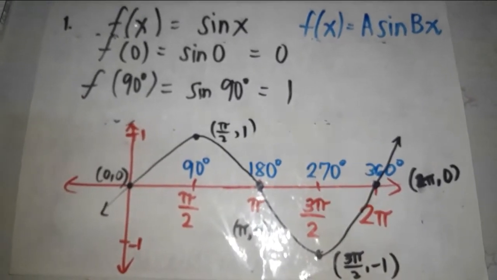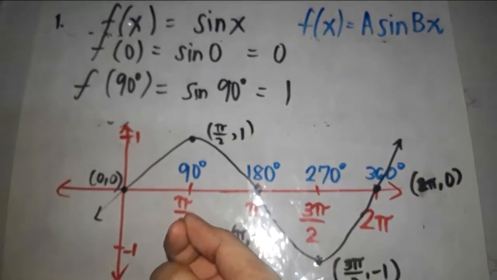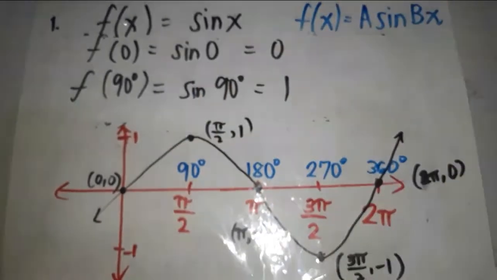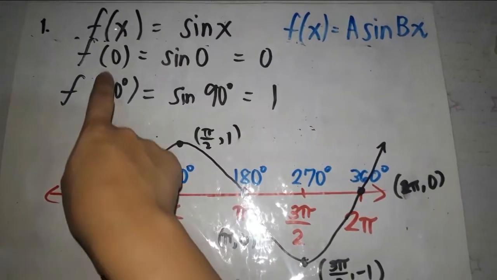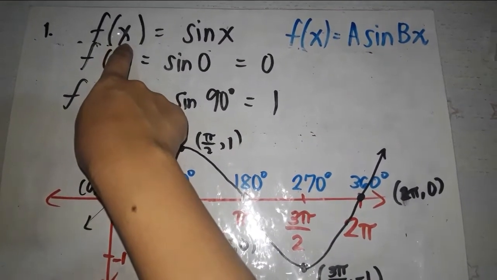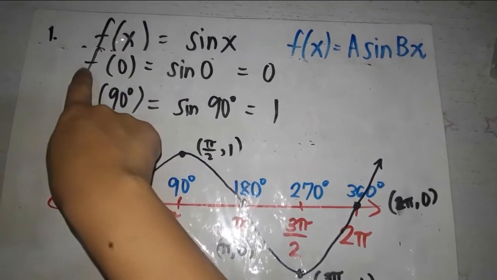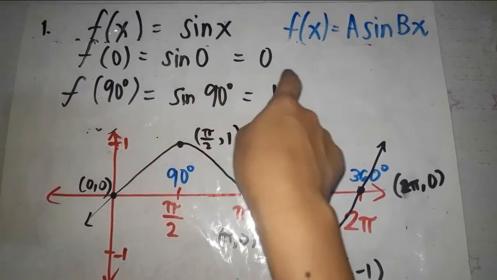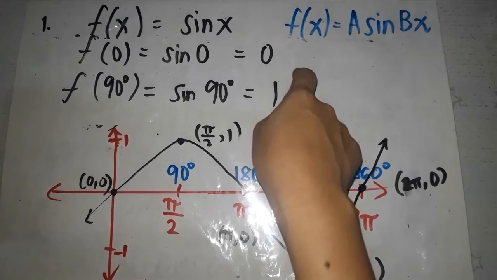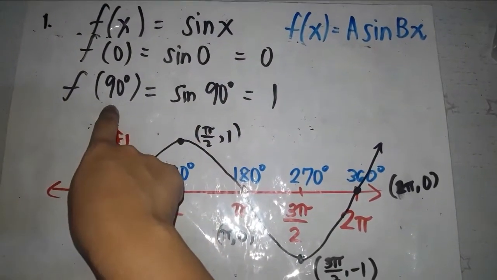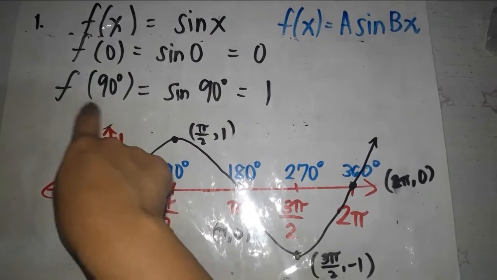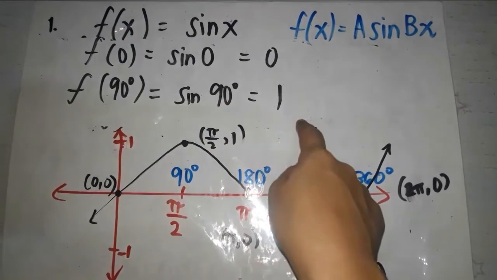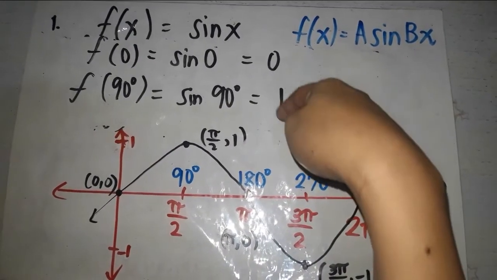Okay, this time let me show you the substitution part. We are actually going to have first the table of values before we proceed with the graph, and this is how we arrive at the table of values. So we have first the values of x, the domain. If x is 0, f of 0 equals sine 0, and sine 0 is 0. I've shown you the coordinates a while ago. And then next, f of 90 degrees is equal to sine of 90 degrees, which is 1. Again, the coordinates from the unit circle.